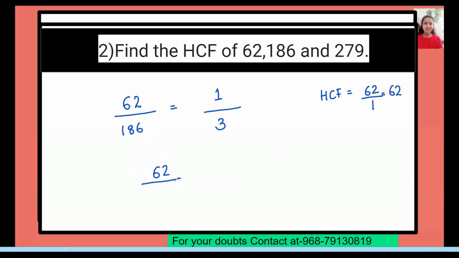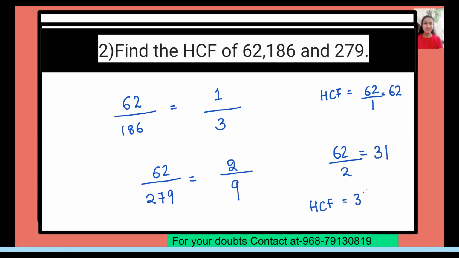Now we try for 62 and 279. Both the numbers are divisible by 31. 31 2s are 62 and 31 9s are 279. So 62 divided by 2 is how much? 31. So the HCF of all these numbers is 31.